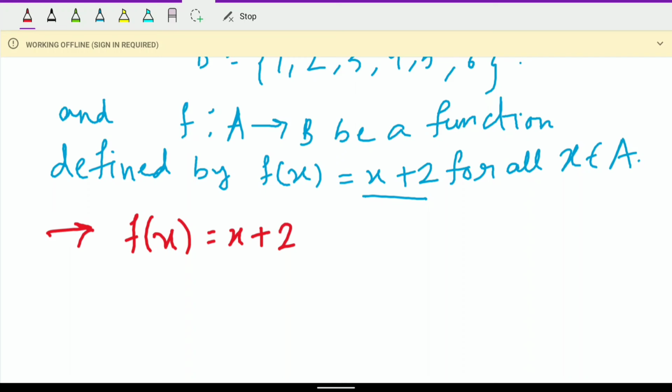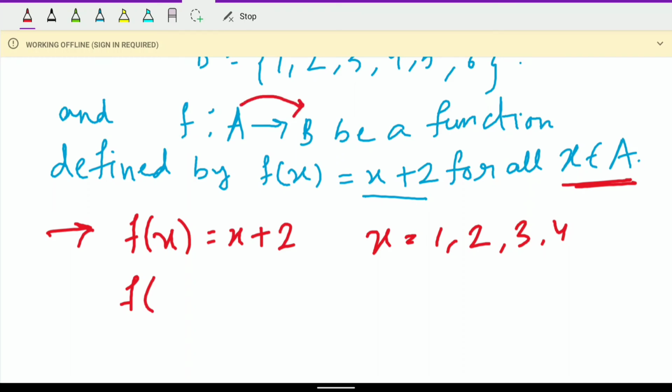Now for all x belongs to A, that is 1, 2, 3, 4, elements are x equals 1, 2, 3, 4. Now f maps A to B, so f of A belongs to B, the images in the B set.